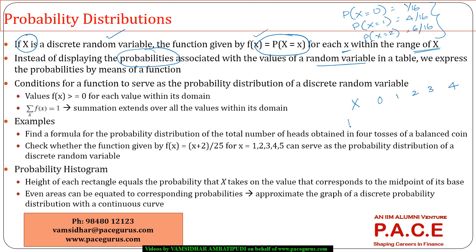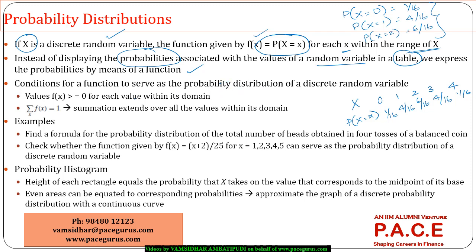I'm also saying the probability of X equal to x is 1 by 16, 4 by 16, 6 by 16, 4 by 16, and 1 by 16. This is the way we are expressing it in the form of a table. In some cases, we try to express these probabilities in terms of functions. When I am establishing the probabilities in terms of functions, that is what we are calling a probability distribution function.